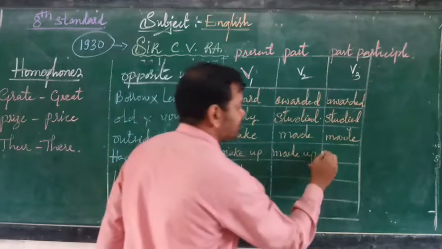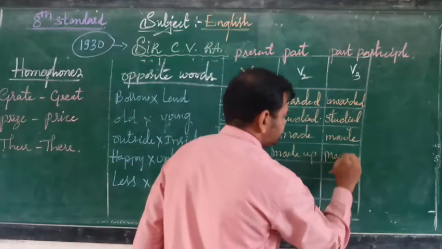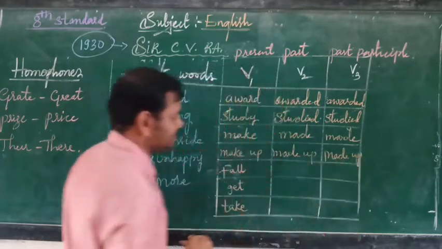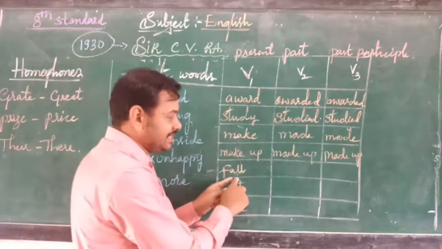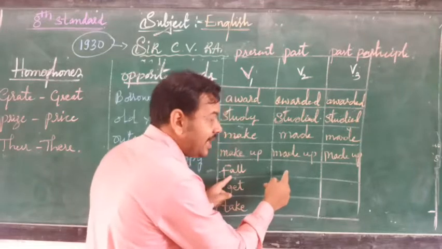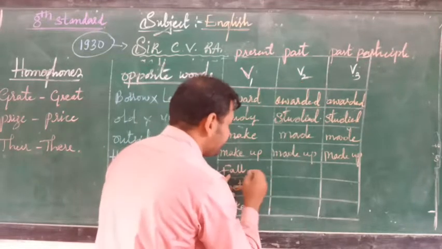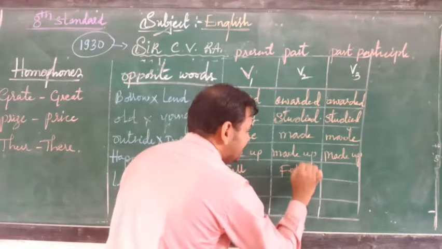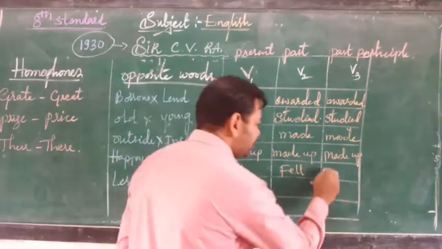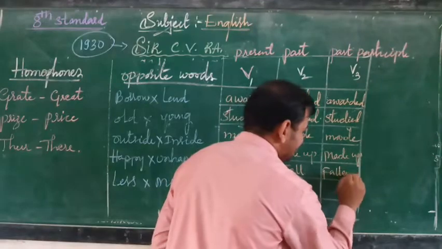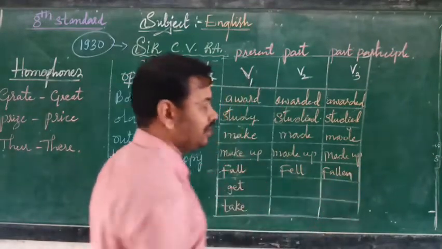And then past participle, made up. Then fall. See, it is in present. So what would be in past? Yes, fell. F-E-L-L, fell. In past participle, fallen. Good. F-A-L-L-E-N, fallen. Got it?